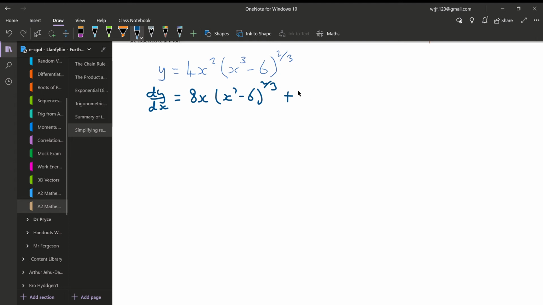So my second term, leaving the first part undifferentiated for x squared, that now needs to get multiplied by 3x squared, because we used the chain rule on this part, and then a times 2/3 with the same bracket, x cubed minus 6 with the power reduced by 1 to minus 1/3.